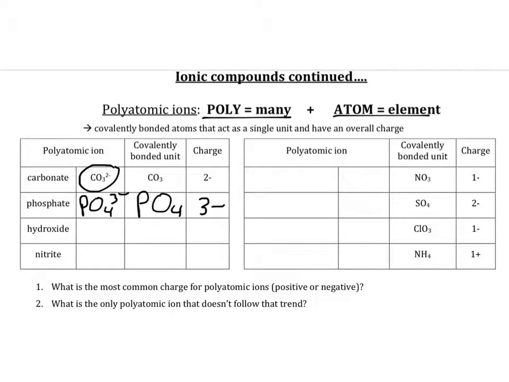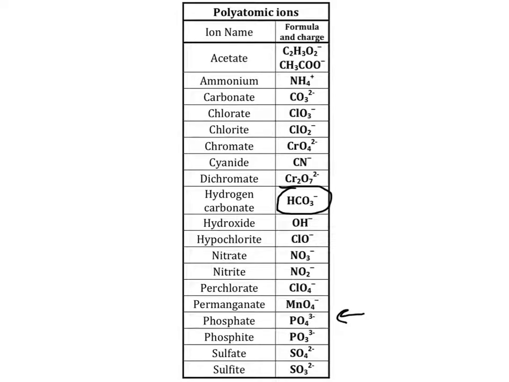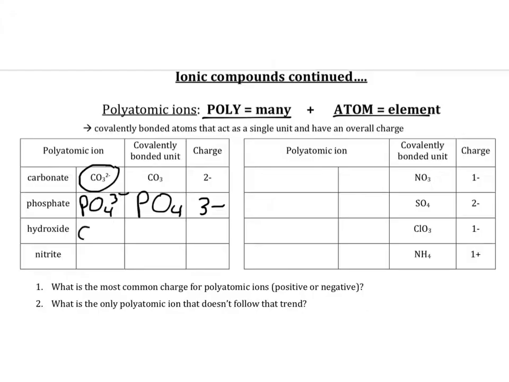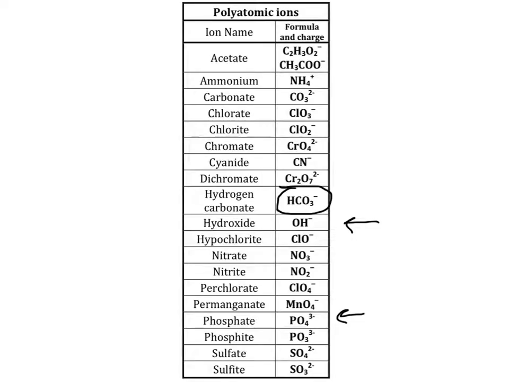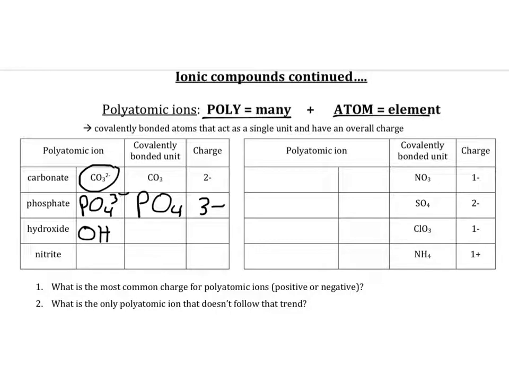Now let's go ahead and take a look at hydroxide. Hydroxide is right here. You can see it's OH, 1 negative. Now what I will say is if you look here, notice how it just has a negative with no number. If it just has a negative with no number, what that means is that it's 1 negative. So the covalently bonded group is OH, and the charge is 1 negative.